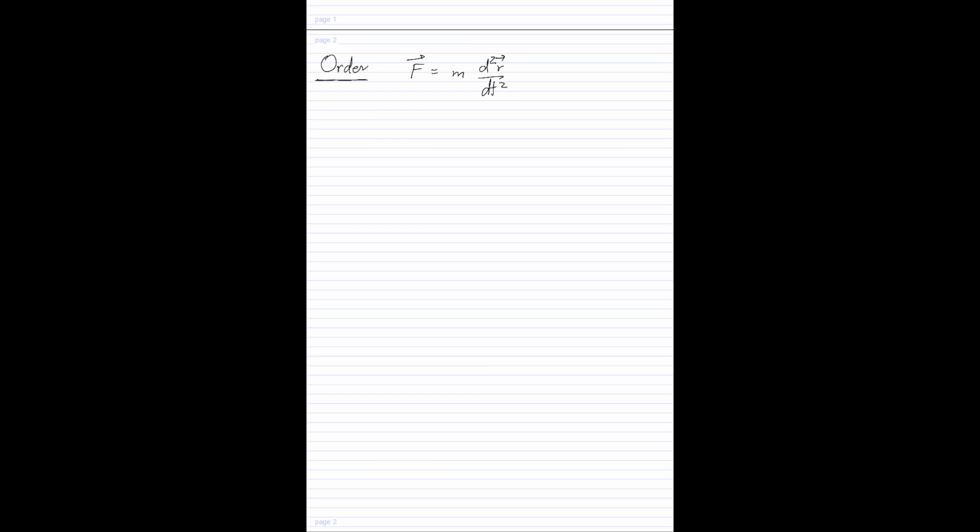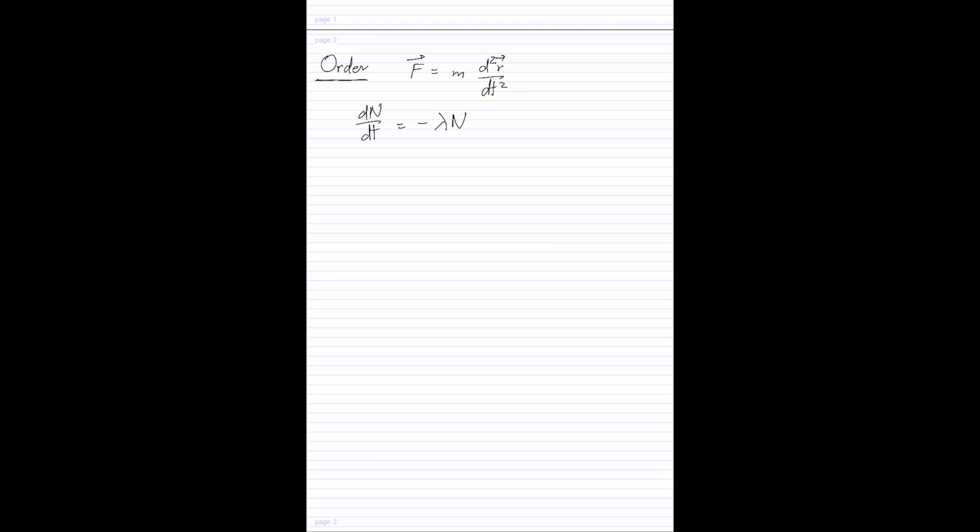The law of radioactive decay, where N is your number of radioactive nuclei and lambda is your decay constant, is a first order differential equation because you only see a first order derivative over here.